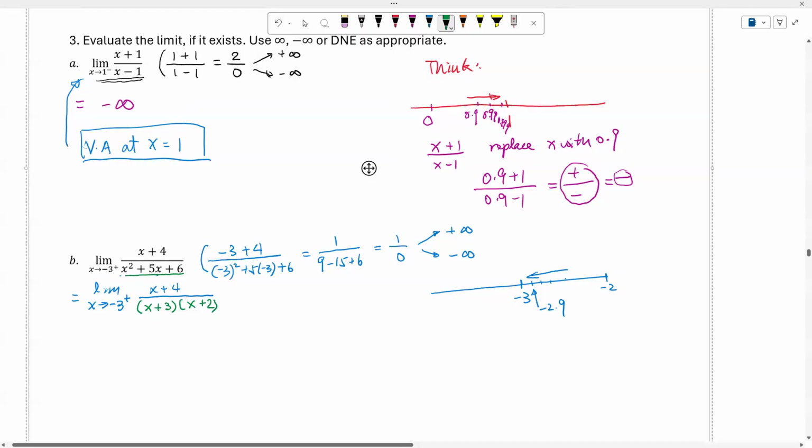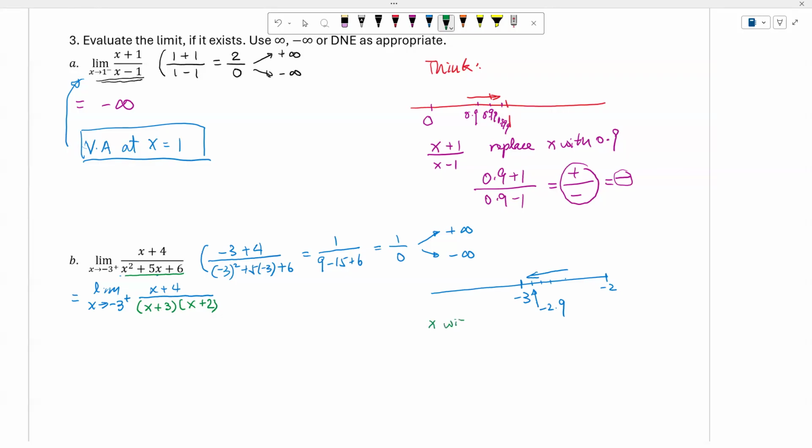Now this is easier for me to work out, because again, I just want to know if it is positive or negative. So let's replace x with negative 2.9. Then I have negative 2.9 plus 4 over negative 2.9 plus 3 multiplied by negative 2.9 plus 2. The top is positive. This factor is positive.